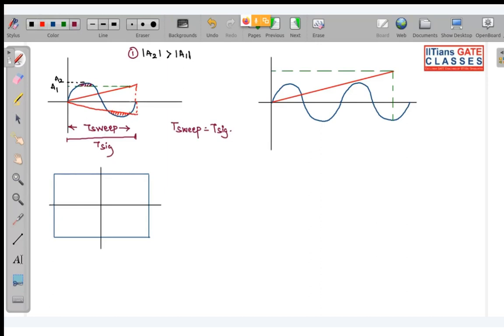So on your screen, the signal will be displayed something like this. This much part will be eliminated, and the remaining part will be there on the screen. Tell me, is this clear or not? So this is one of the errors that you can see on the screen.